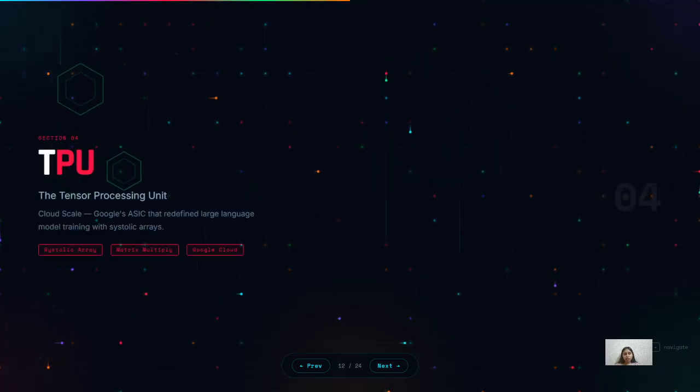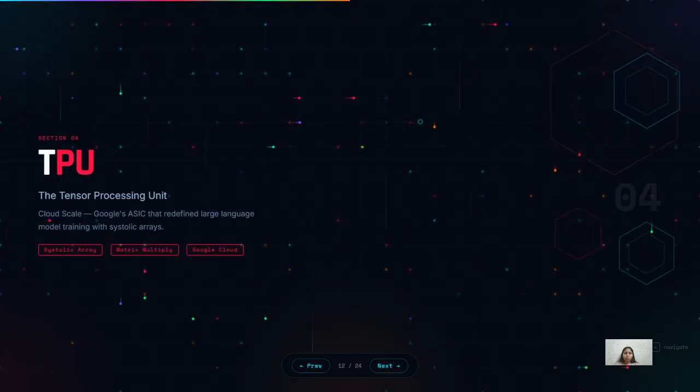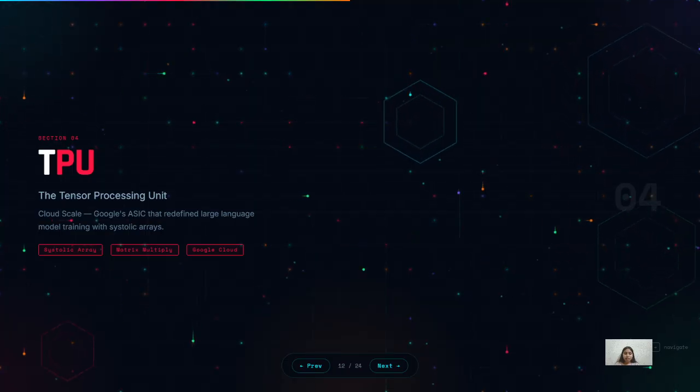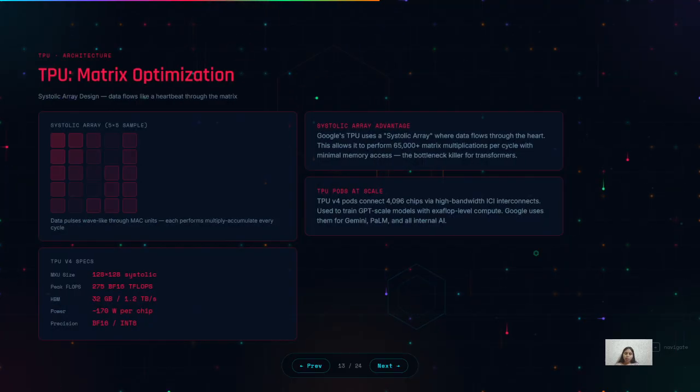Now we reach the TPU, the Tensor Processing Unit. Google created TPUs specifically to accelerate machine learning at massive scale. The TPU is designed around one core idea: matrix multiplication.